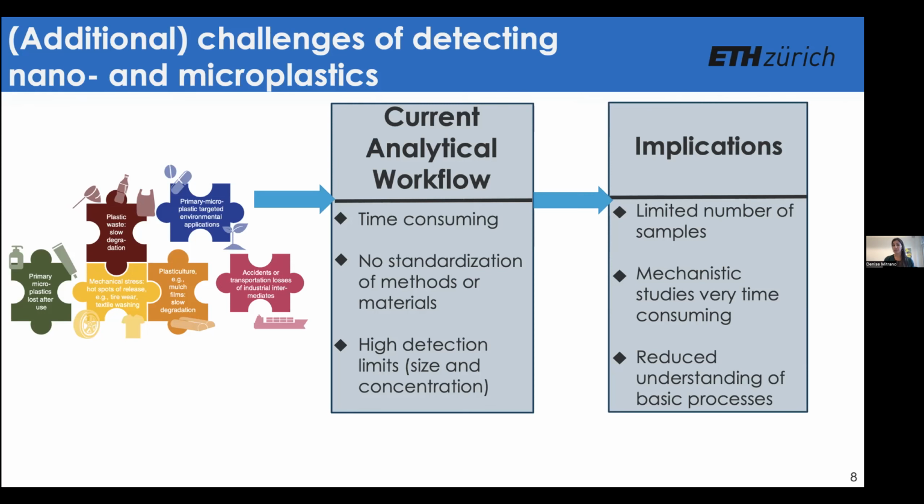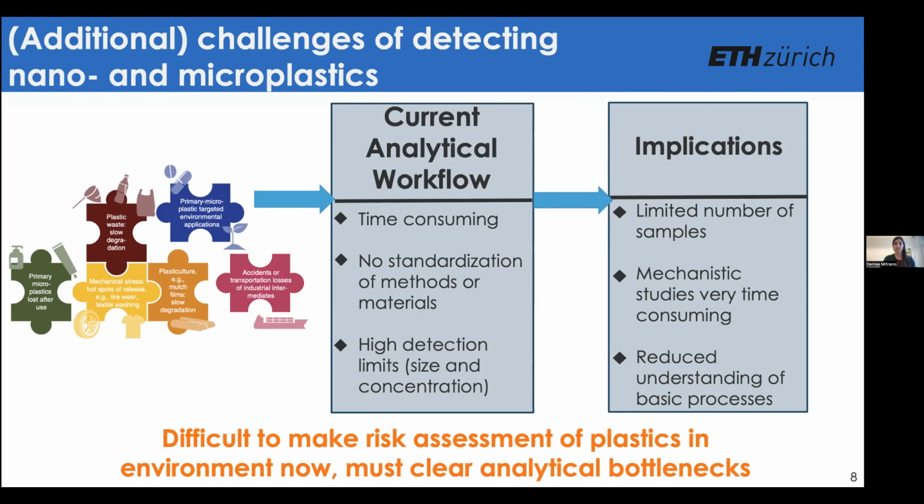Even in the laboratory, then, this analytical workflow makes mechanistic studies very time consuming. And as a consequence, we have a really reduced understanding of these basic processes of how particles behave in the environment. And so in this way, it's really difficult to make a risk assessment of plastics, especially microplastics and nanoplastics in the environment now, because we have to clear a lot of these analytical bottlenecks to be able to more easily measure them.